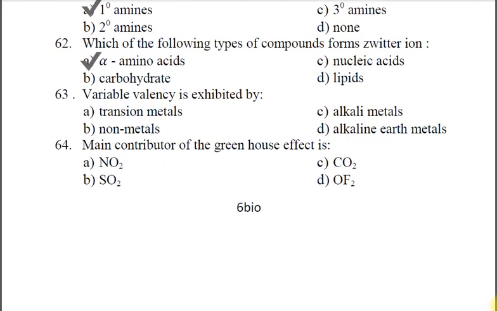Question number 63. Variable valency is exhibited by A, transition metals, B, non-metals, C, alkali metals, D, alkaline earth metals. So the correct option is A. A very simple question. I know you have answered it correctly. A, transition metals, although there is a spelling mistake here.